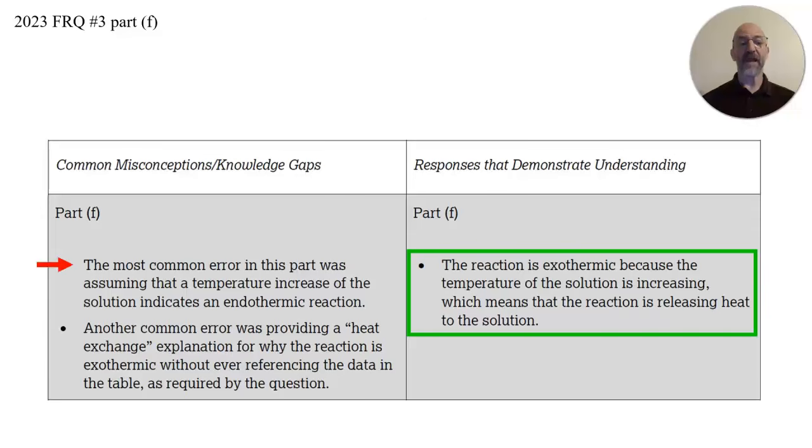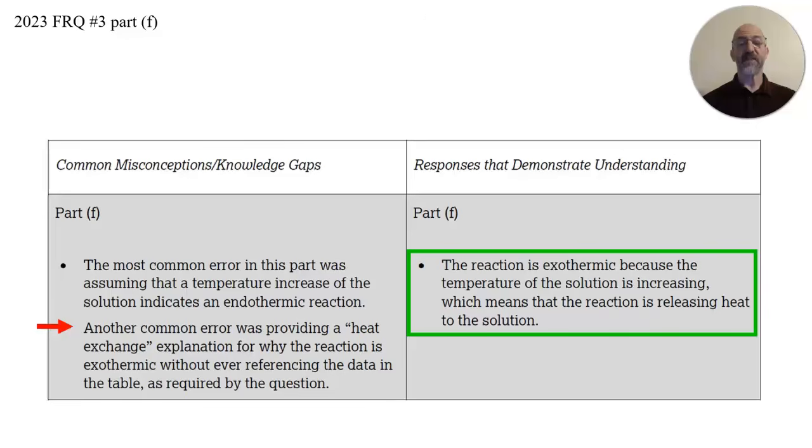But one common error on this question was assuming that because the temperature is increasing, that it was endothermic, and that's incorrect. Another common error was providing a heat exchange explanation for why the reaction is exothermic without ever referencing the data in the table as required by the question.